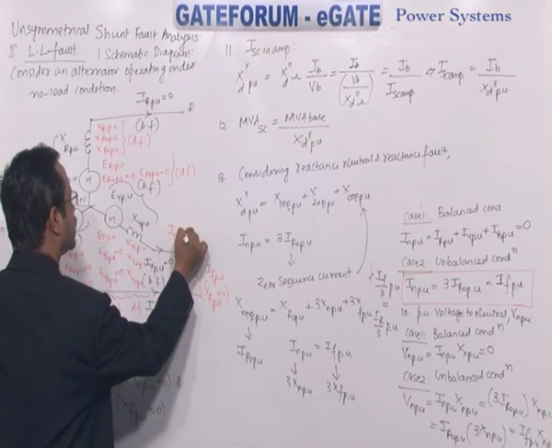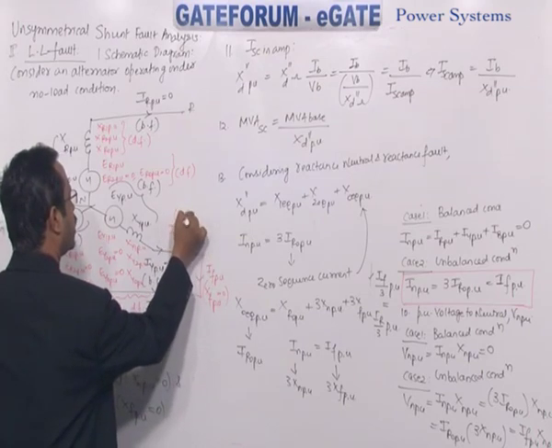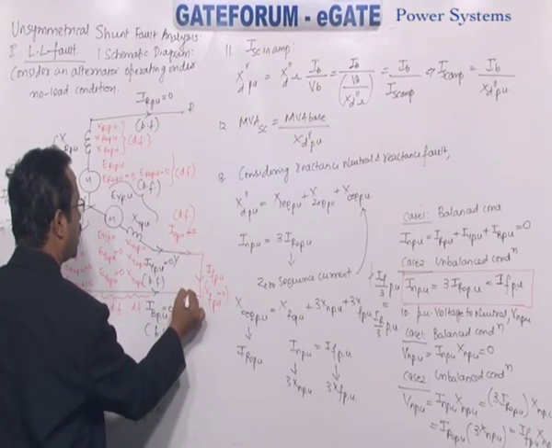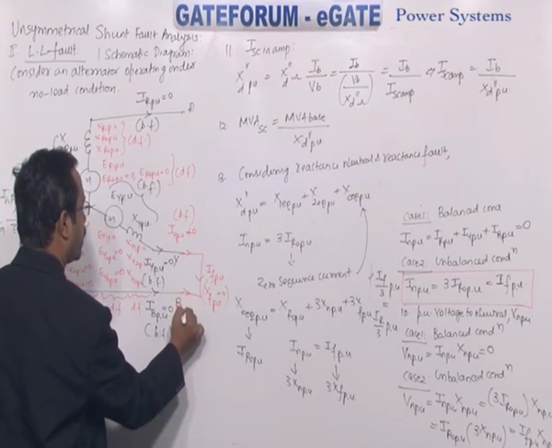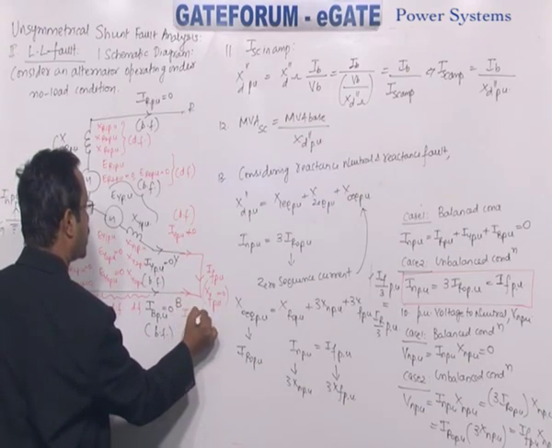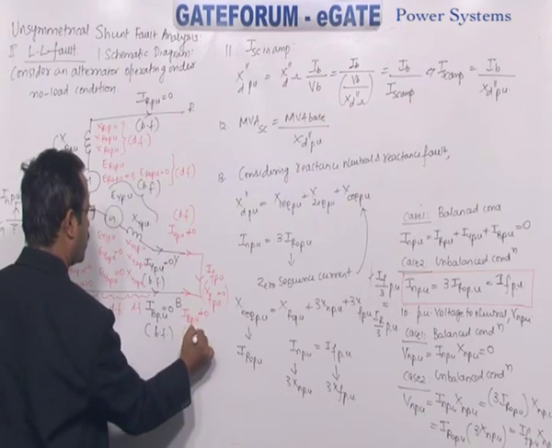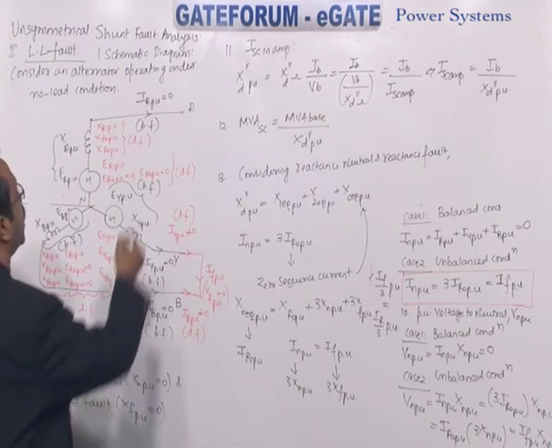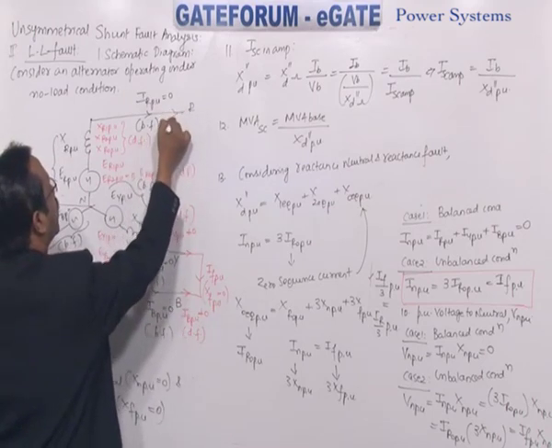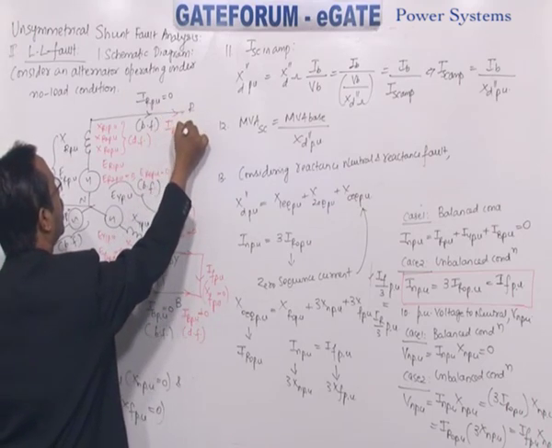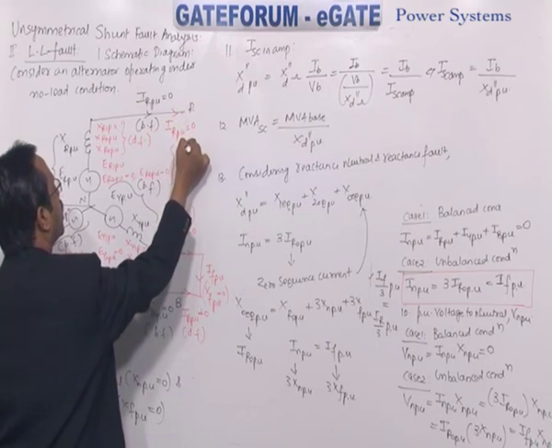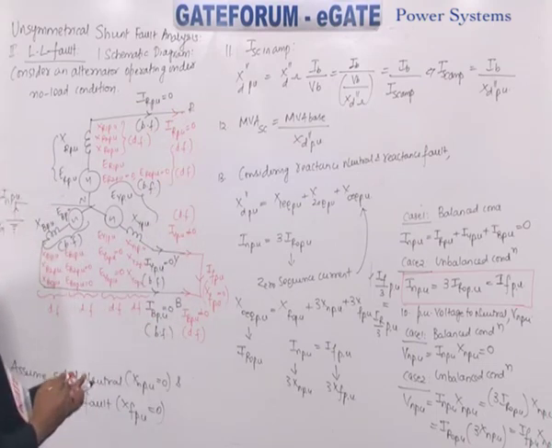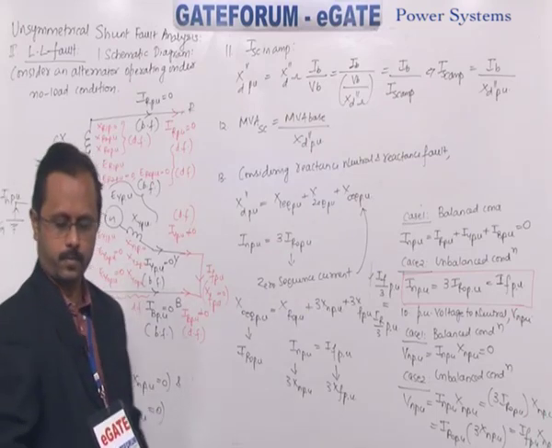IY per unit is not equal to 0 during fault, and similarly IB per unit is not equal to 0 during fault. But what about IR per unit? R phase is not affected with fault, so during fault IR per unit is 0.